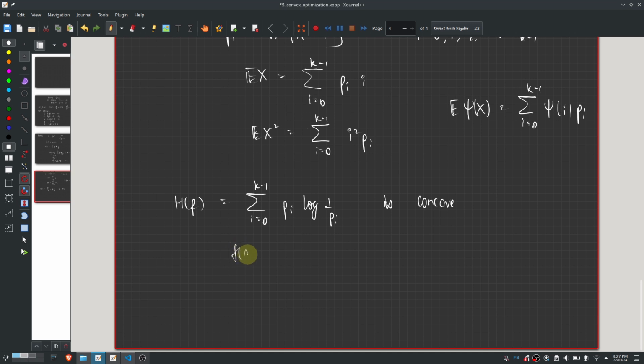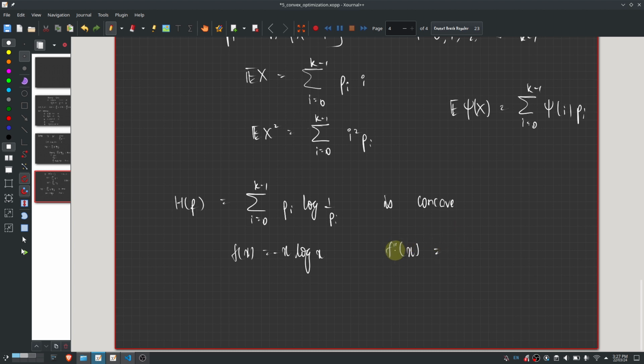If you take f of x equal to minus x log x, or x log 1 by x, this is a concave function. How do you verify that this is a concave function? Take the second derivative. What is the second derivative of f with respect to x equal to?